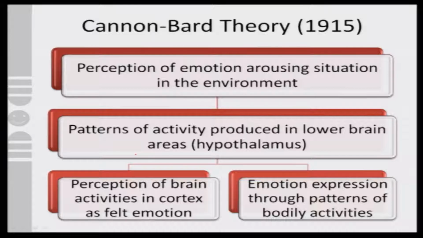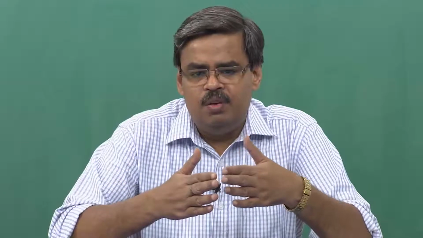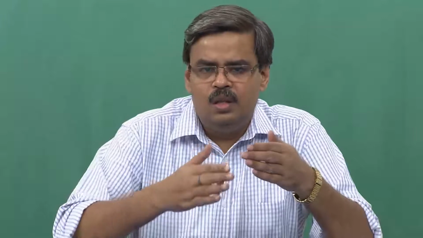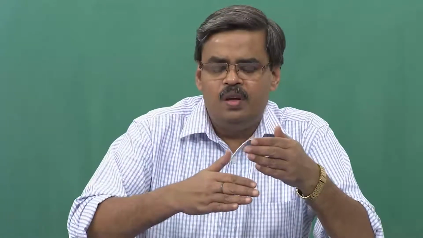So, the change between the James-Lange theory and the Cannon-Bard theory was that the James-Lange theory said that we perceive the emotion-arousing situation in the environment, then we respond, and because our bodily response takes place, we look at our own response pattern and therefore we experience the emotion. Cannon-Bard made a change here.